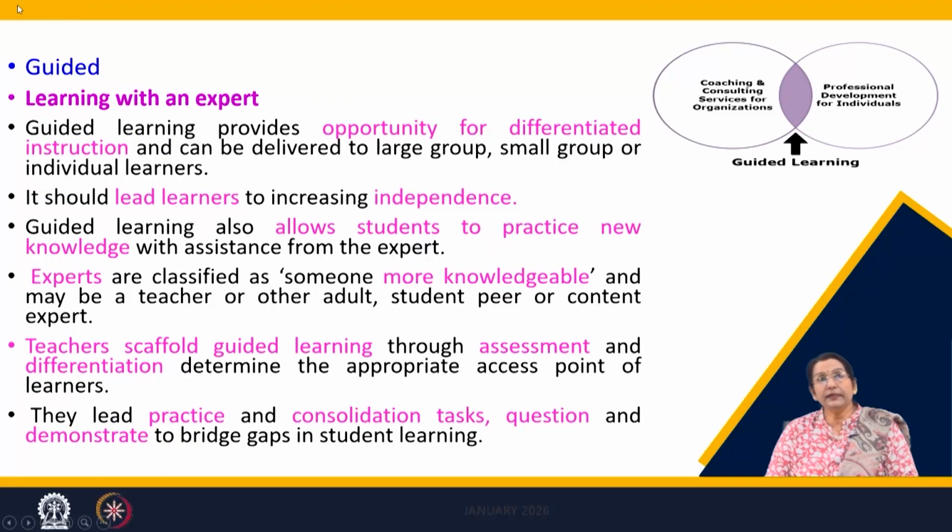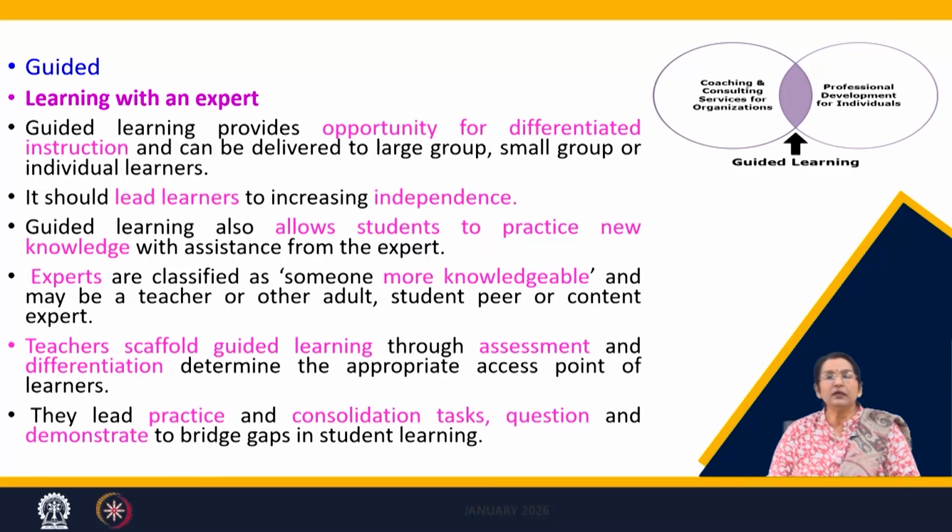Then guided learning is also another factor. Guided learning is learning with an expert. The mentor is there, and the mentee, the learner, is there. In guided learning, learning with an expert provides an opportunity for differentiated instruction.